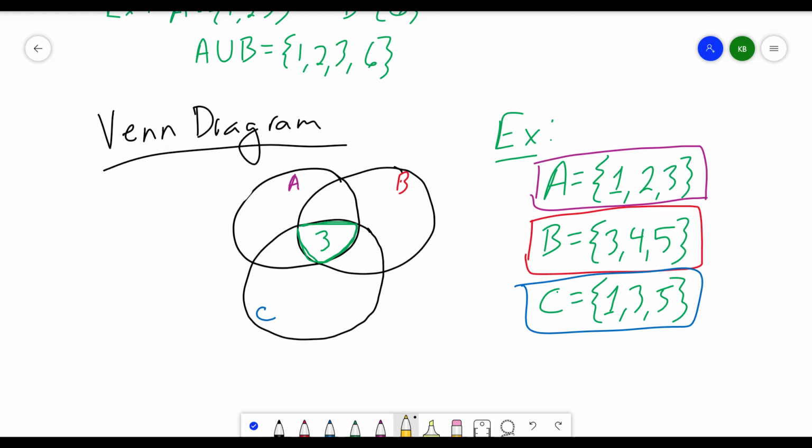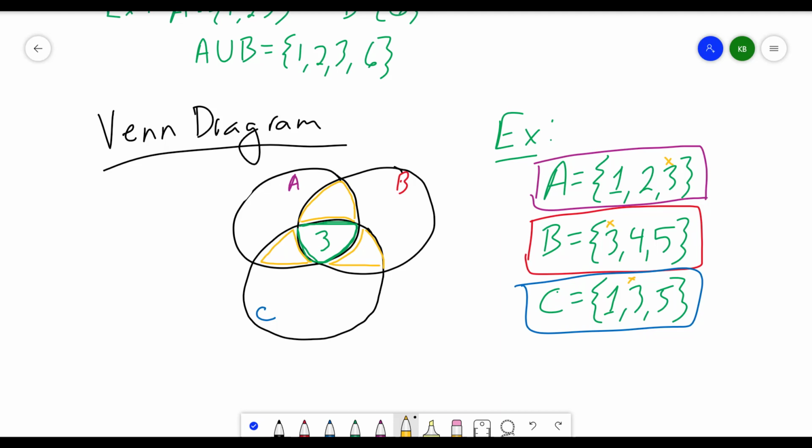And now you don't have to do this, but I like to keep track that I've put an element in so that I don't forget an element in an event along the way. Then I go back to my Venn diagram and I notice that I have these regions. There are 3 of them that are shared by pairs of circles.